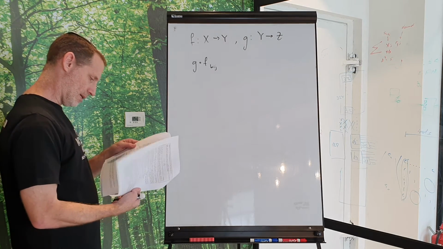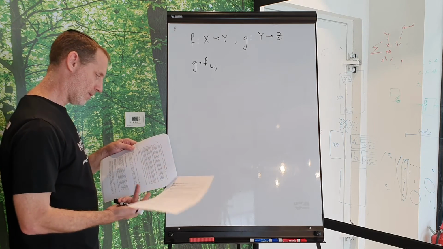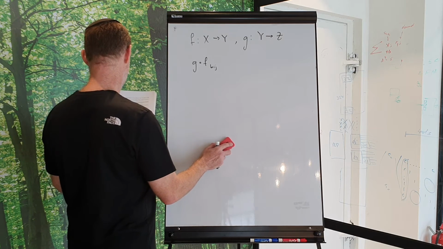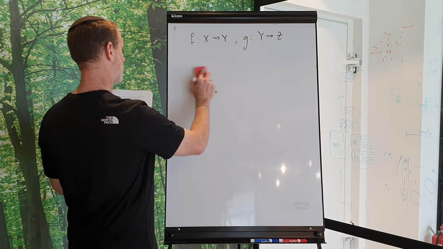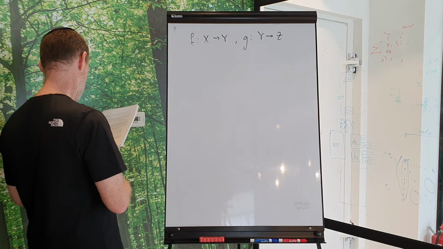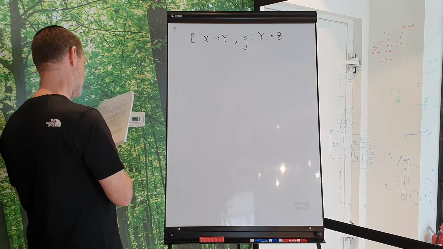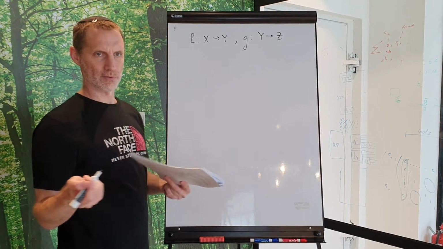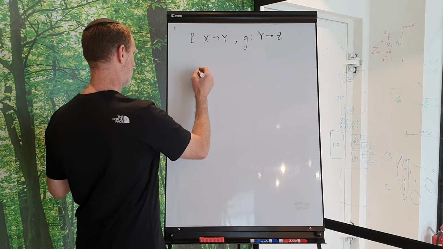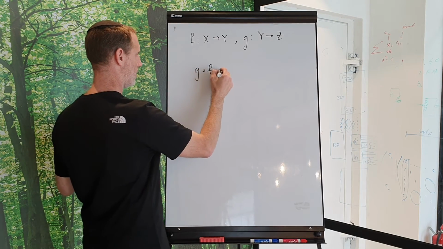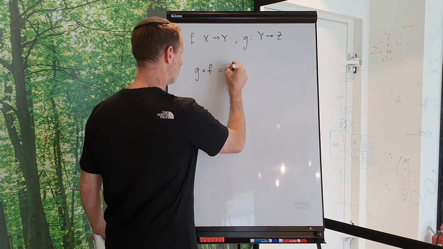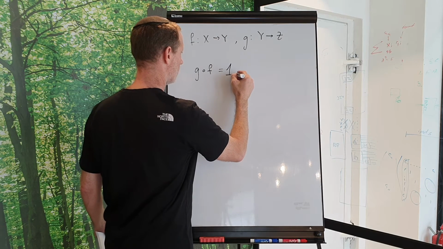Okay, so let's just define an inverse. We've got f and g, and we will say that g is the inverse function of f if the composition g of f is the identity function.